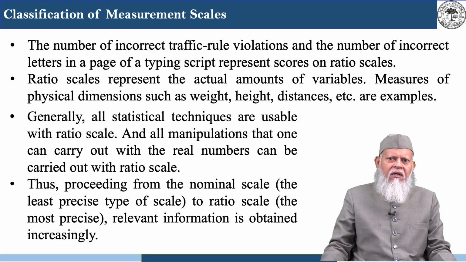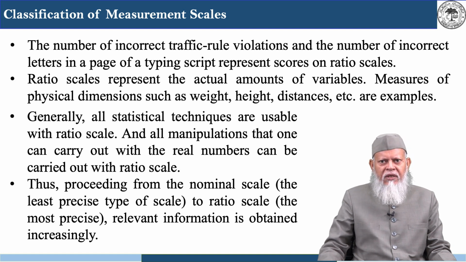Then we went to the interval scale, which defined the interval, which was not defined in the rank scale. And then we finally arrived at the best scale. Best means complete scale, that is the ratio scale, where every measurement is possible, and any kind of statistical measures can be applied to the data obtained through the ratio scale.